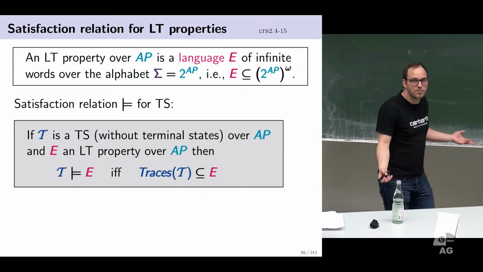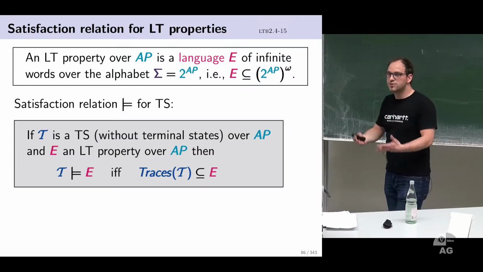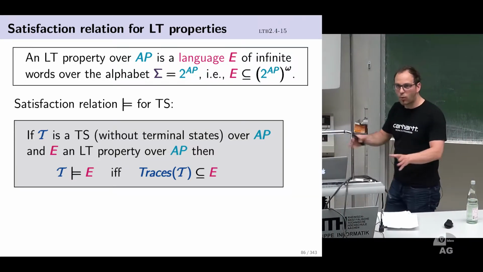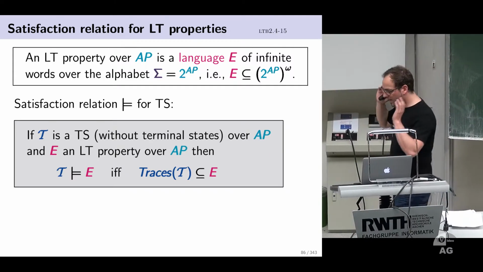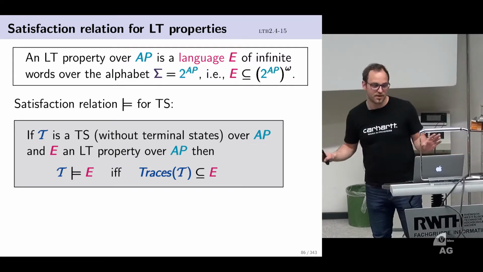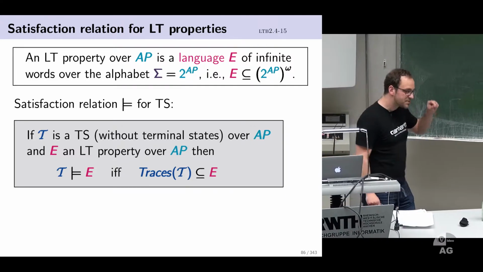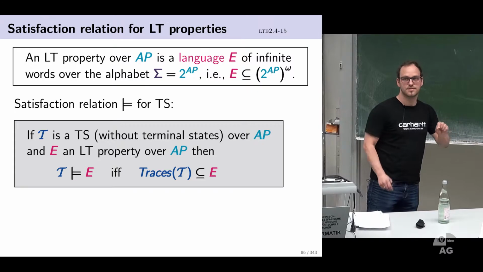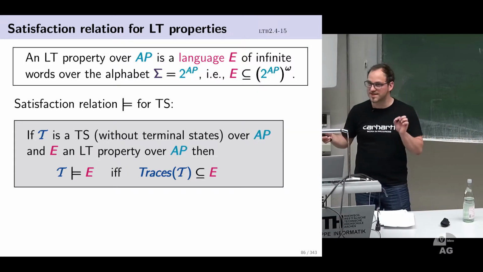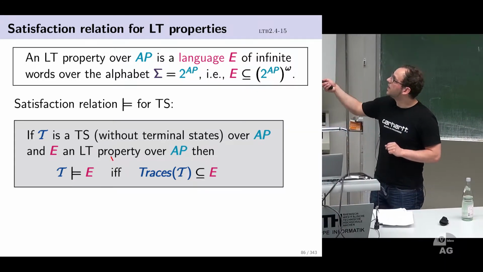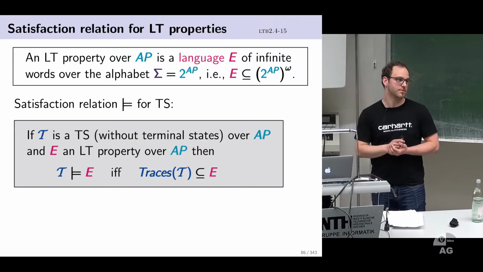What does that mean? Whatever you can do in your transition system, no matter what, all the traces, so you take any arbitrary path and you project it onto the atomic propositions, you must make sure that this trace, this sequence of sets of atomic propositions, is fully contained in your property.